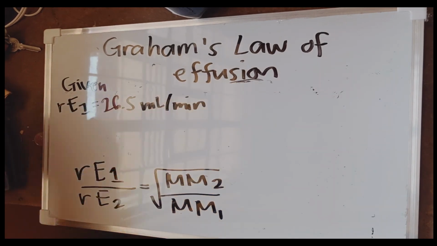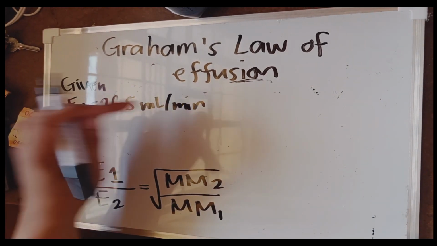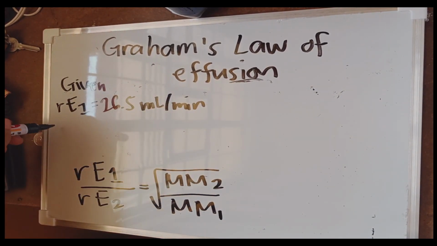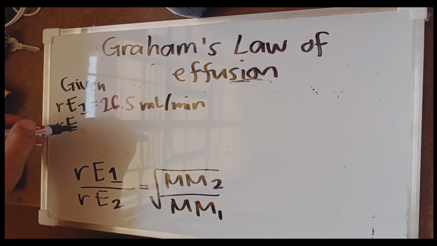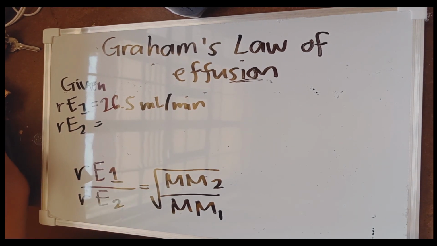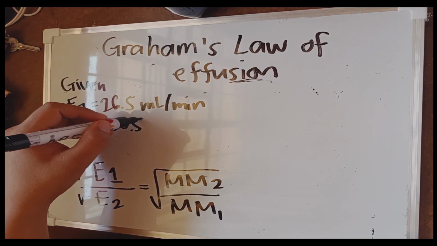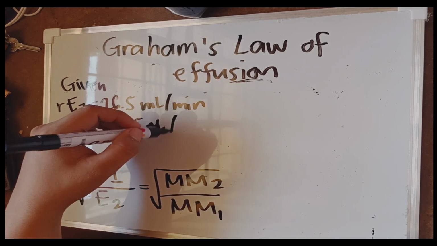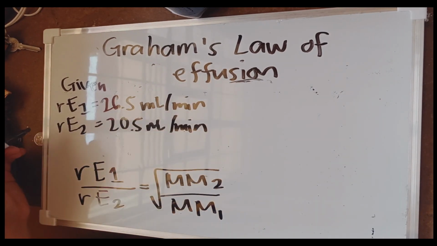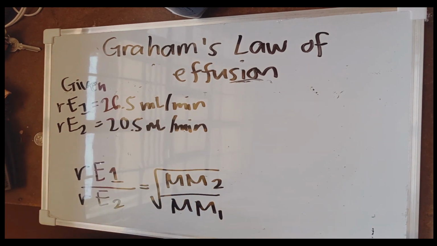There's a minute, that means as a speed, there's a time. And rate of effusion 2 is 20.5 ml per minute.